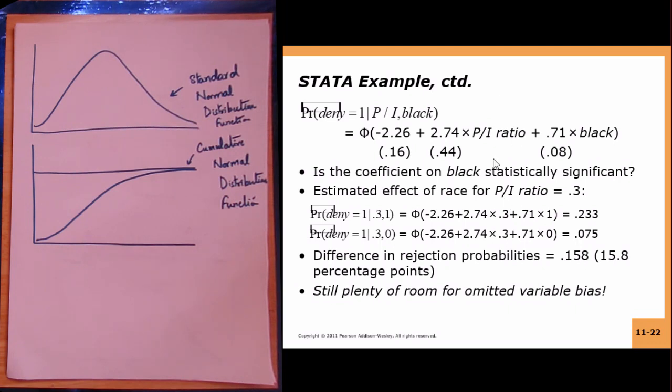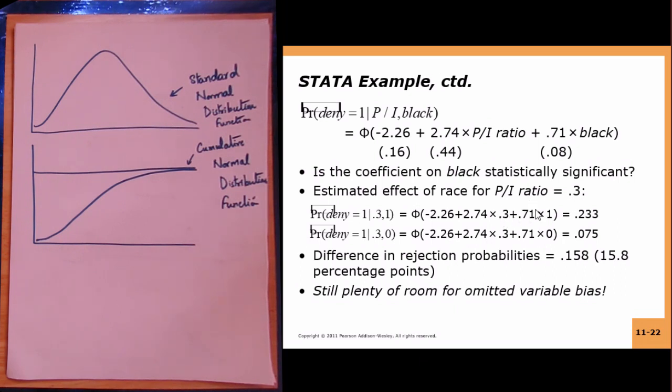So what is the estimated effect of race? Suppose you keep PI ratio constant at 0.3. You cannot directly say that it changes the probability by 0.71, because as you can see, there is a nonlinear transformation of this entire linear equation going on. So you will have to find the phi of certain values of PI ratio and black, and the phi of another set of values.